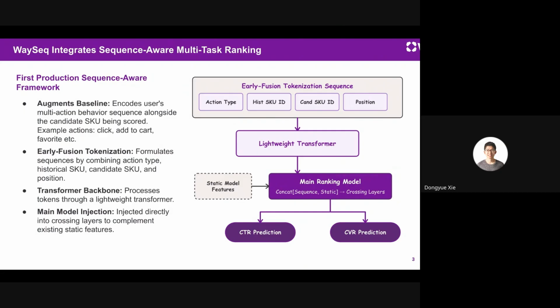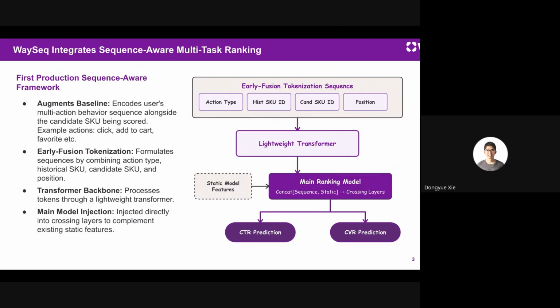Once we have the overall design of our architecture, we have done an extensive ablation study to find the best design of each factor and what is driving the most model improvement. The first driving factor we found is that sequence context is very important, especially making the sequence longer.